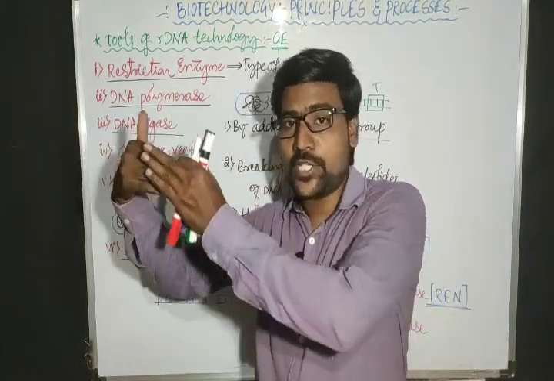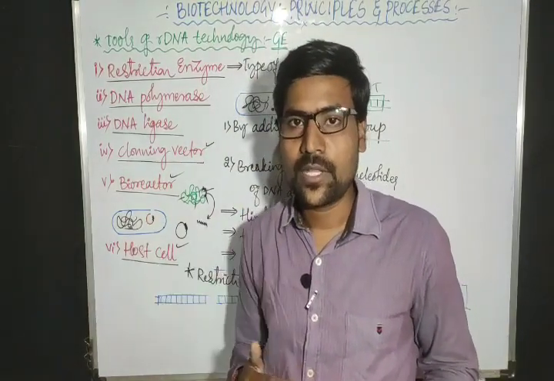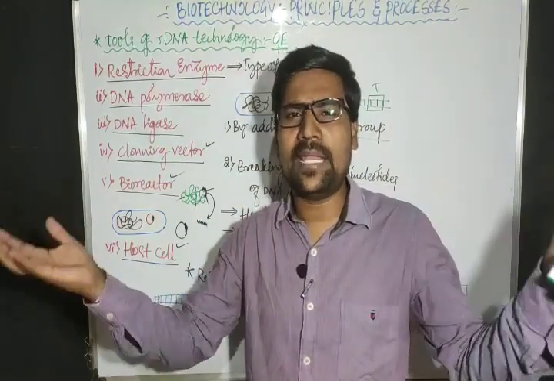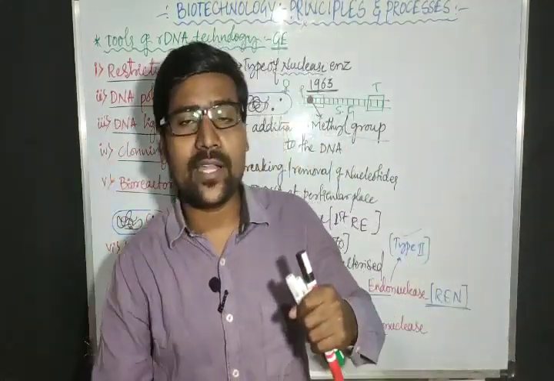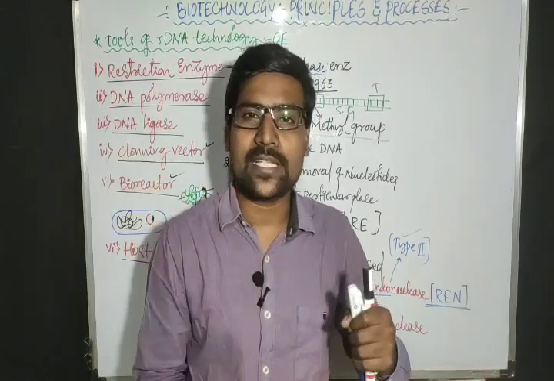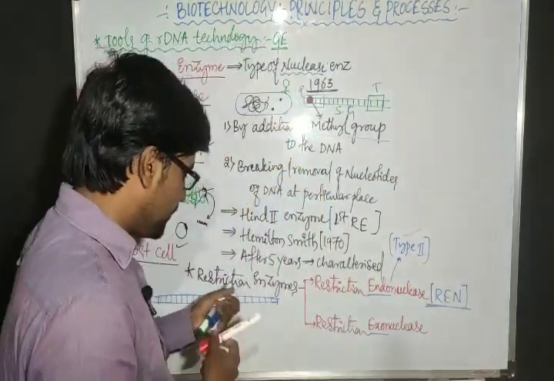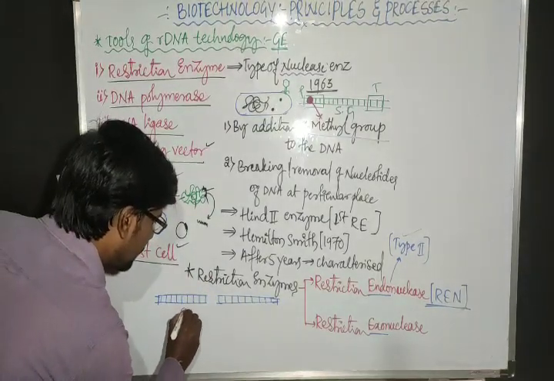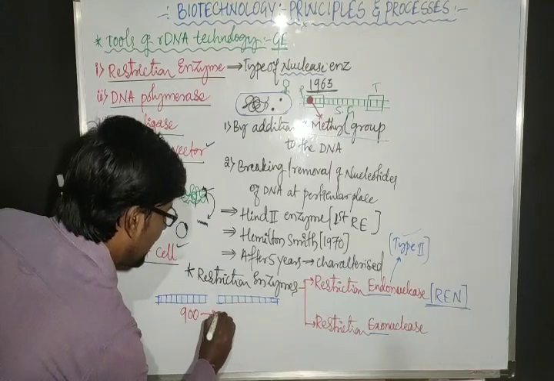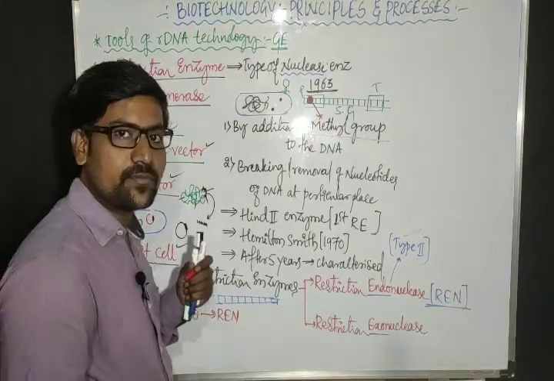Now the genetic engineering branch has also improved too much, and day by day many scientists are working on this, isolating and inventing so many new restriction endonuclease enzymes. So totally till now we have isolated 900 restriction endonuclease enzymes.